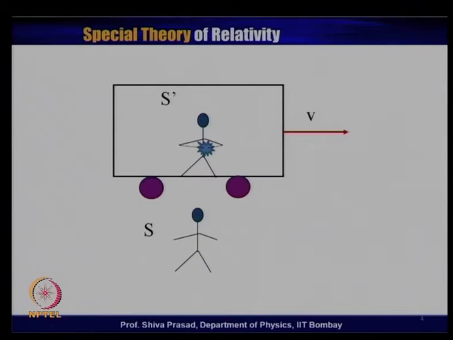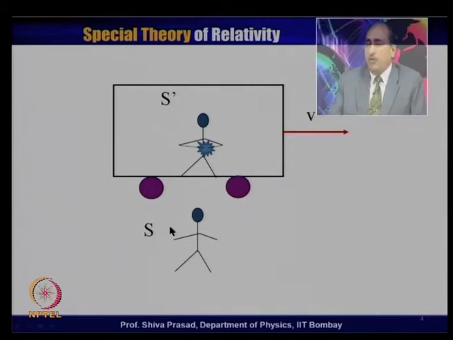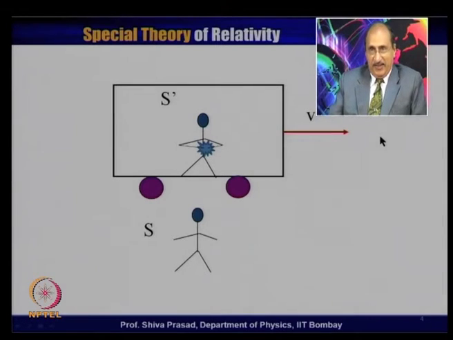So, this is the figure which I have drawn here. Of course, there is one particular person with a light source in the hand, and let us assume that this light source is right here at the floor of the compartment. This is the train compartment, which is moving to the right with a velocity v as seen by an observer S, and as we know, this direction we always call the x direction.